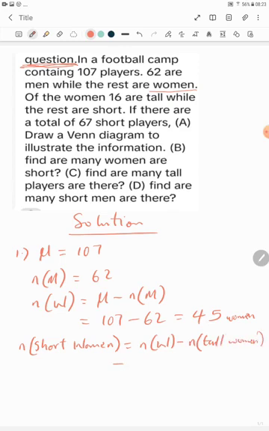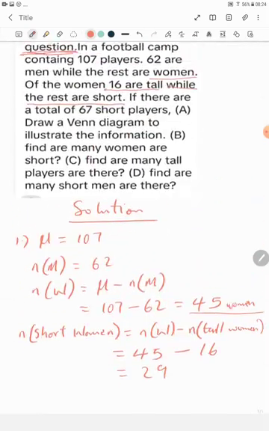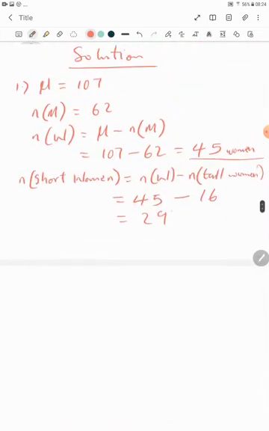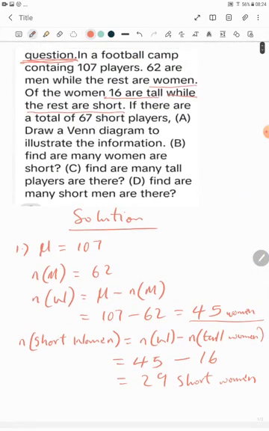They have already given us that of the women, 16 are tall while the rest are short. So the number of women we have is 45, which we have gotten here, then minus the number of tall women, which is 16. If we subtract that, that will give us 29. So we have 29 short women. So let's go back to the analysis again.